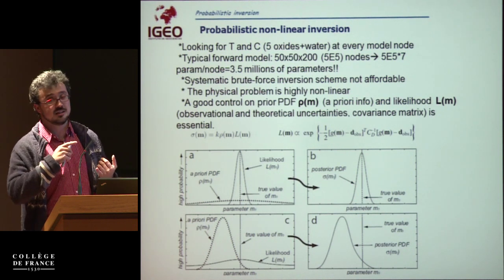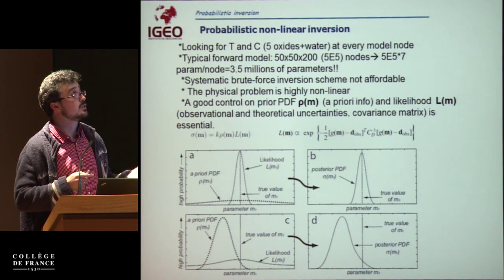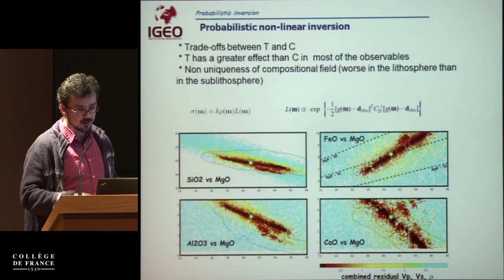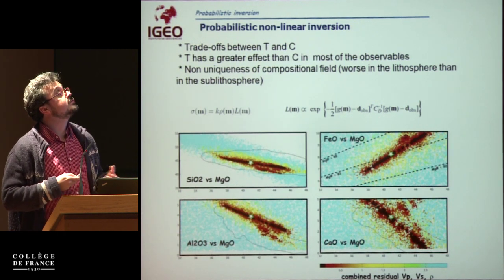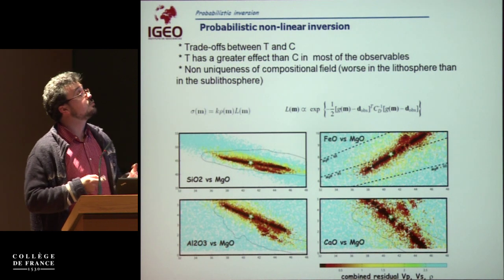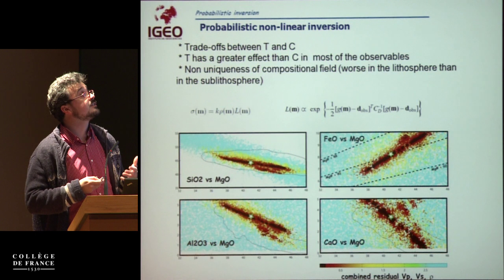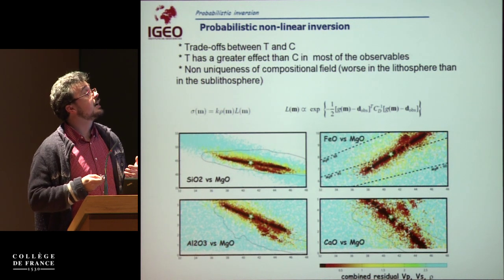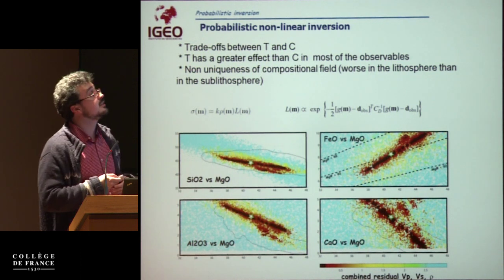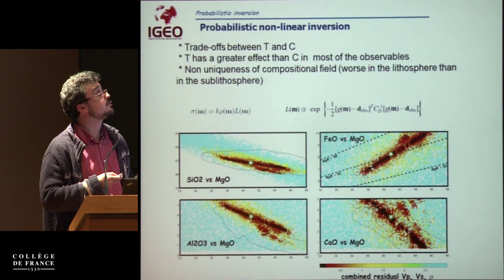So the uncertainties in the physical problems that you're solving and also in the numerical discretization that you're using, the grids that you're using. And this allows you to deal with things like the well-known trade-off effects between temperature and composition, also the fact that temperature has a greater effect than composition for most of the observables that we're dealing with, and also an intrinsic non-uniqueness in the compositional field, which actually is worse in the lithosphere than in the sublithospheric mantle.